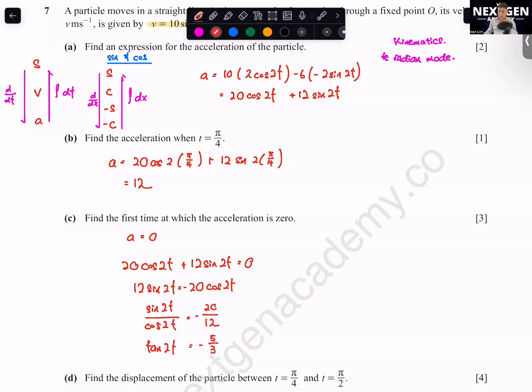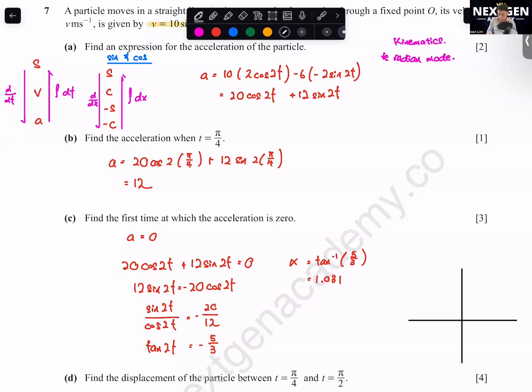All right, after here, we find our base angle. We do the normal trigo way. When we find the base angle, don't put the negative inside. So you just put inverse tangent of 5 over 3, and you will get 1.031. After you get this, we draw ASTC.